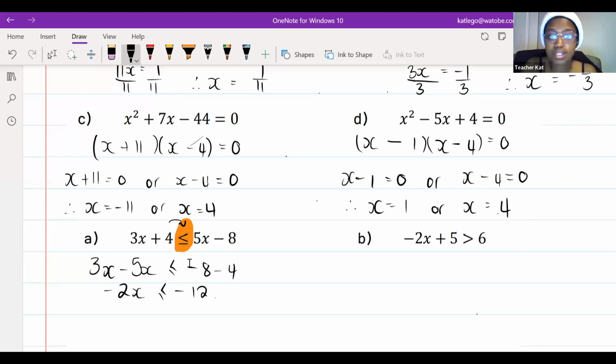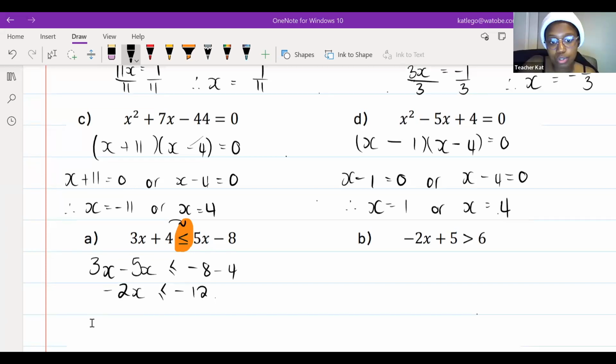Now what do we do? We want x to be on its own, then what do we have to do now? Divide by negative 2.